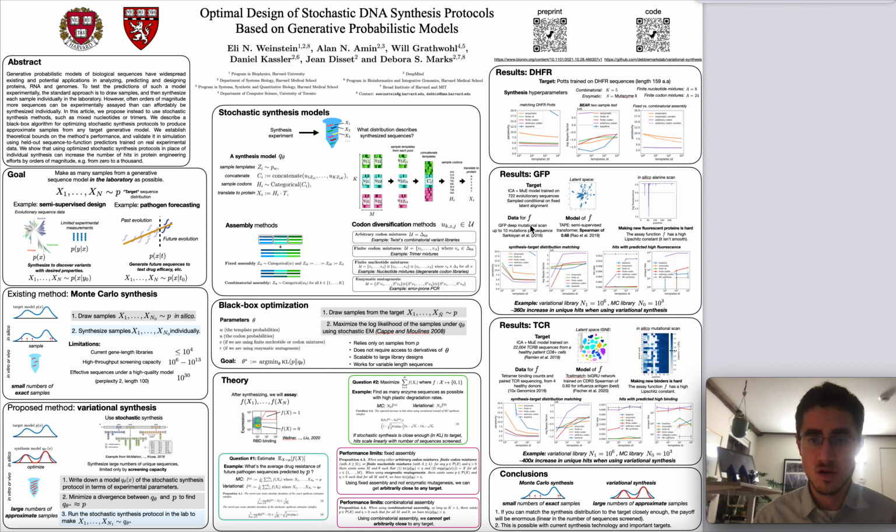Based on these predictors, variational synthesis can lead to many more hits than Monte Carlo synthesis in practice for reasonable library sizes. So, for example, in this case, if you can screen 10 to the 6th sequences but only synthesize 10 to the 3rd, variational synthesis will provide a 360x increase in the number of hits of fluorescent protein, and an even larger gain in this T-cell receptor screening assay.